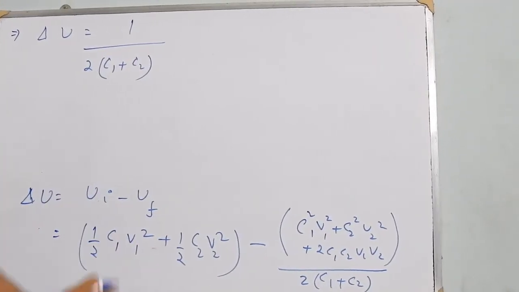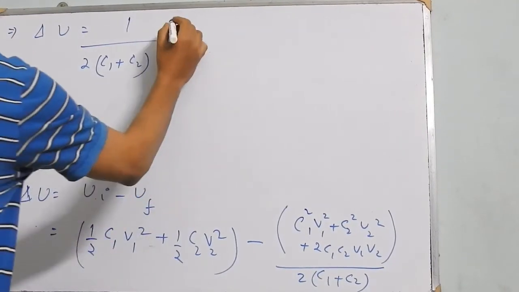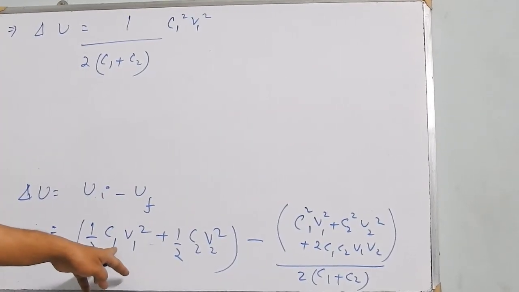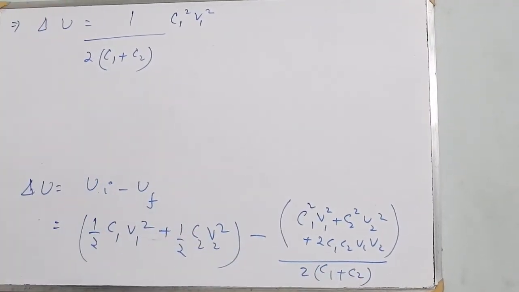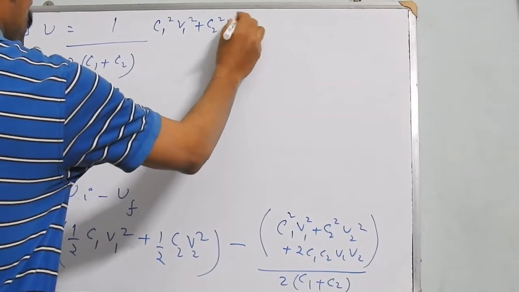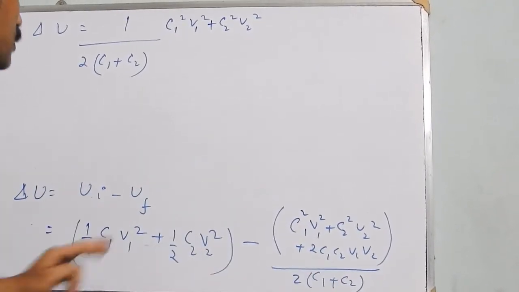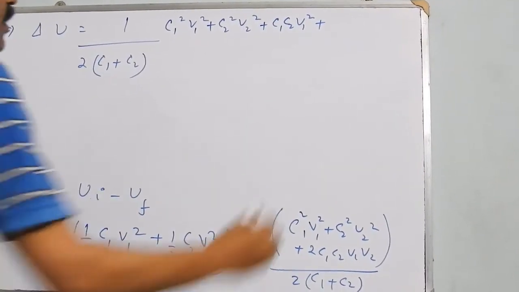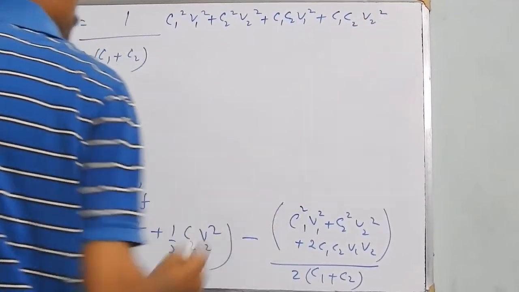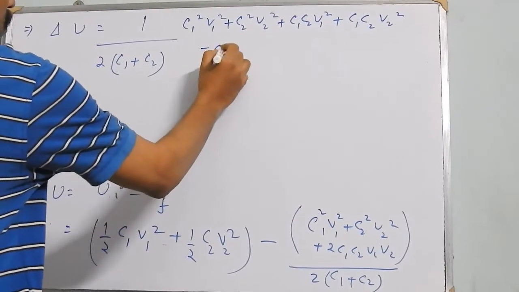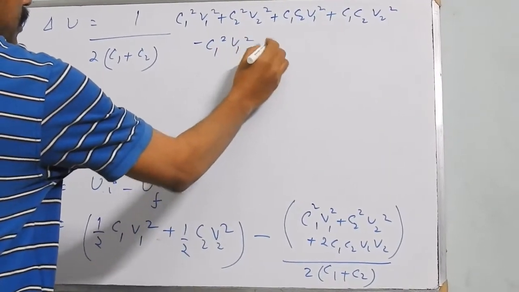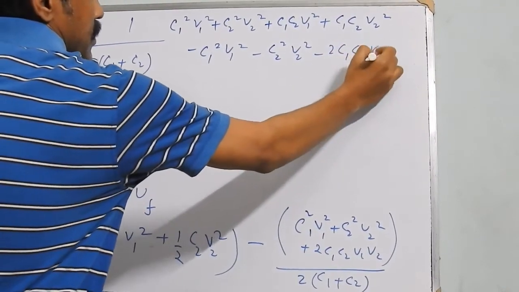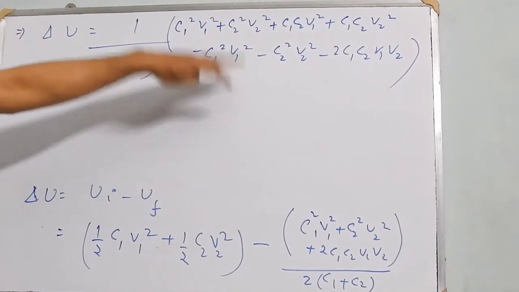So what we get is C1 V1 square into C1, that is C1 square V1 square, plus C2 V2 square with C2, so we will get C2 square V2 square, plus C1 C2 V1 square, plus C2 C1 V2 square, or C1 C2 V2 square, minus this term again: minus C1 square V1 square, minus C2 square V2 square, minus 2 C1 C2 V1 V2. This is the term in the numerator.